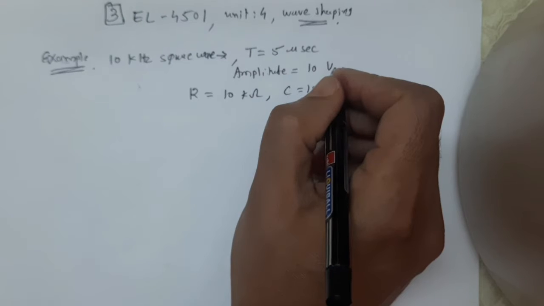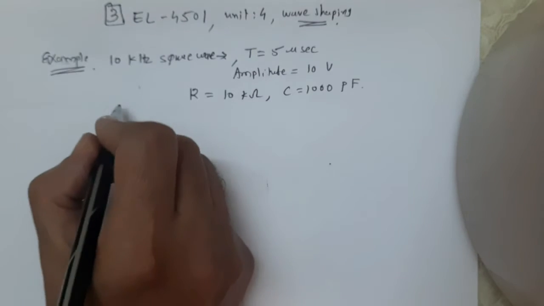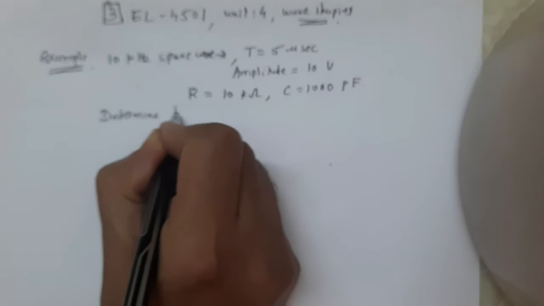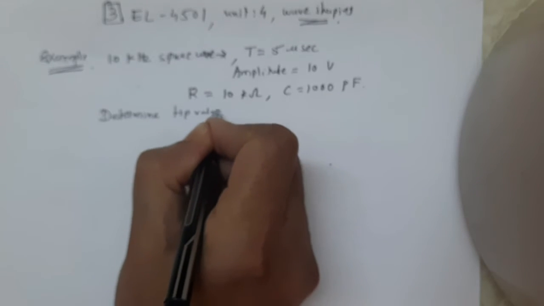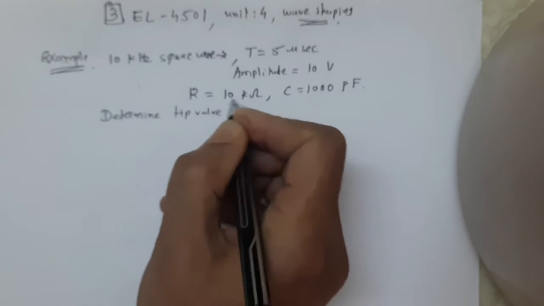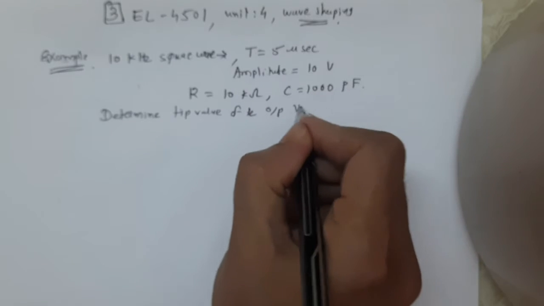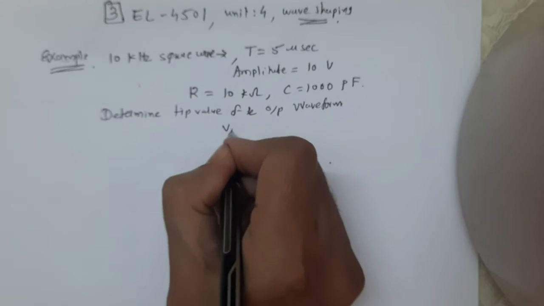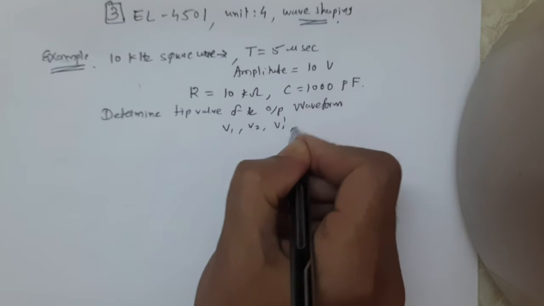Then determine the tip value of the output waveform. That means we find V1, V2, V1 dash, V2 dash.